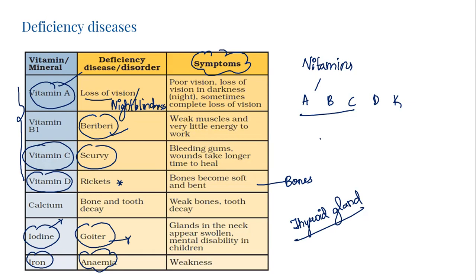Now, talking about the deficiency, what should we do to have a good amount of vitamins? For the deficiency of vitamin A, the doctor would recommend us to eat a lot of papaya, carrot, and mango.